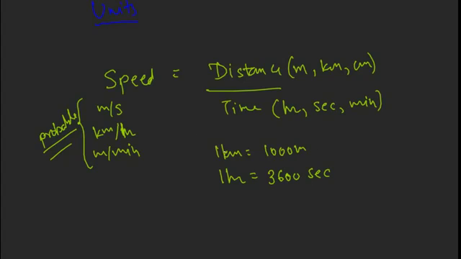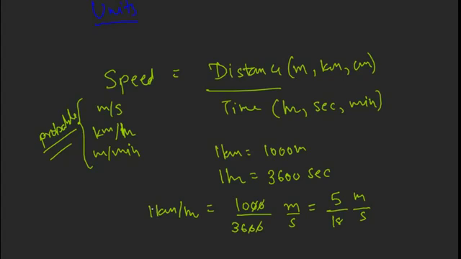So 1 kilometer per hour is equal to 1000 meters upon 3600 seconds. Cancel this out, and this would be 5 by 18 meter per second.